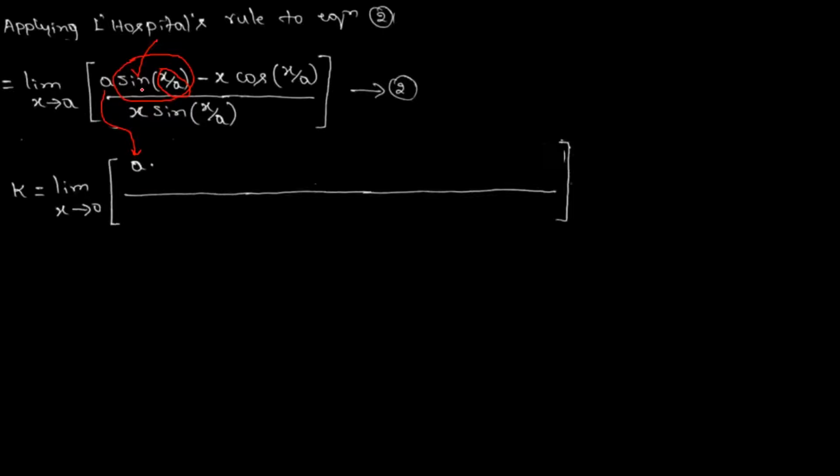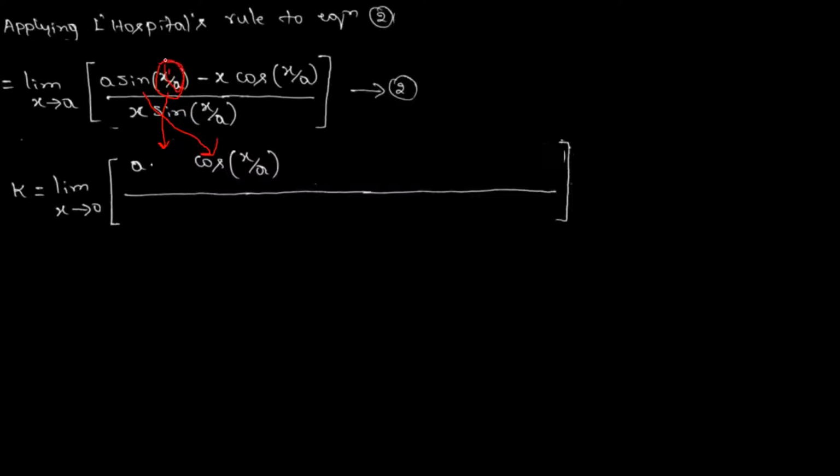Differentiation of sine of x by a, first thing it will become cos of x by a. But again, inside we have one more function. We need to differentiate this again. When we differentiate x by a, you can see this 1 divided by a is a constant.